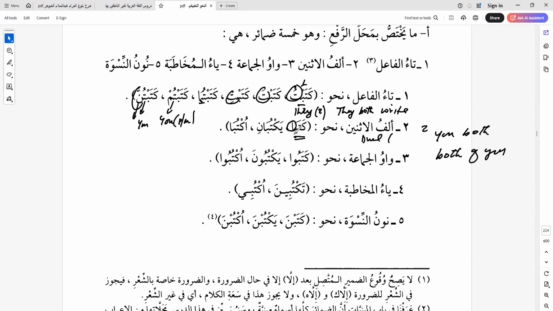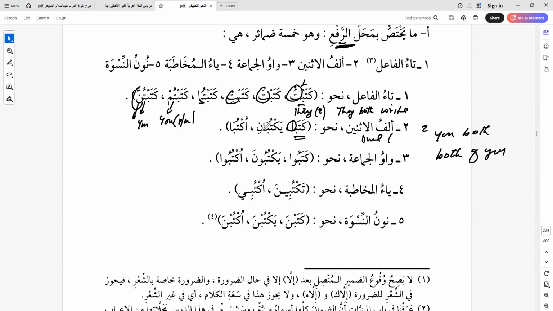So the alif ithnain is fa'il. It's a damir muttasil. في محل الرفع, right? Why is it in the محل الرفع? Because they are always fa'il. And fa'il is marfu'. But because this alif cannot manifest the vowel structure of fa'il, we say في محل الرفع.